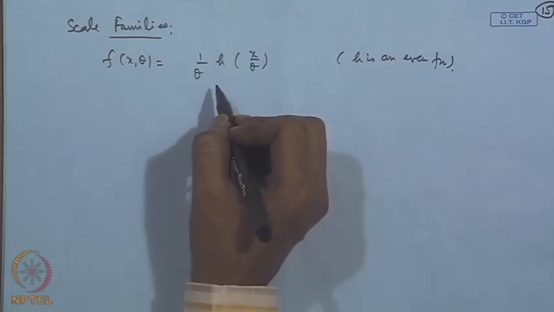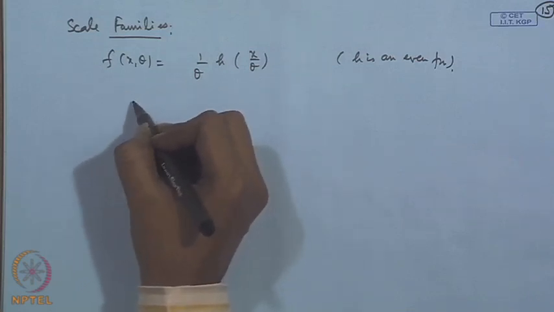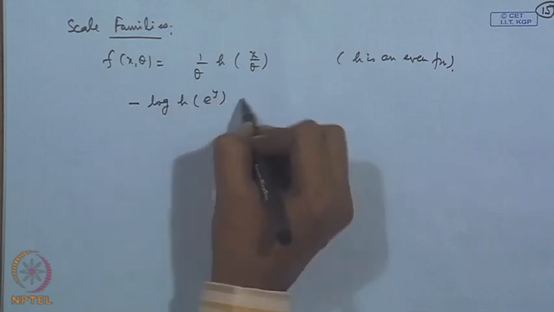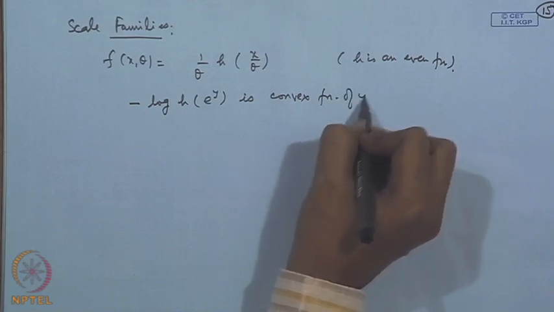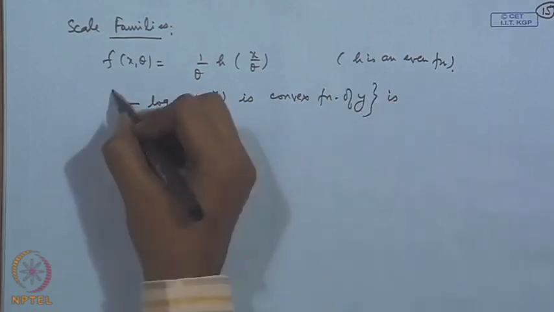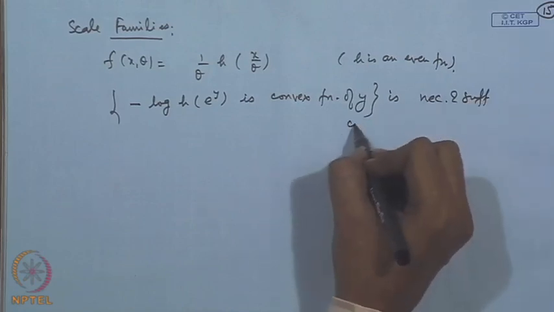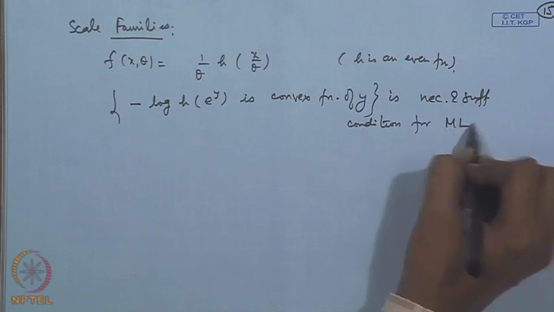In that case, a necessary and sufficient condition will be that minus log of h of e to the power y is a convex function of y. This is a necessary and sufficient condition for monotone likelihood ratio.